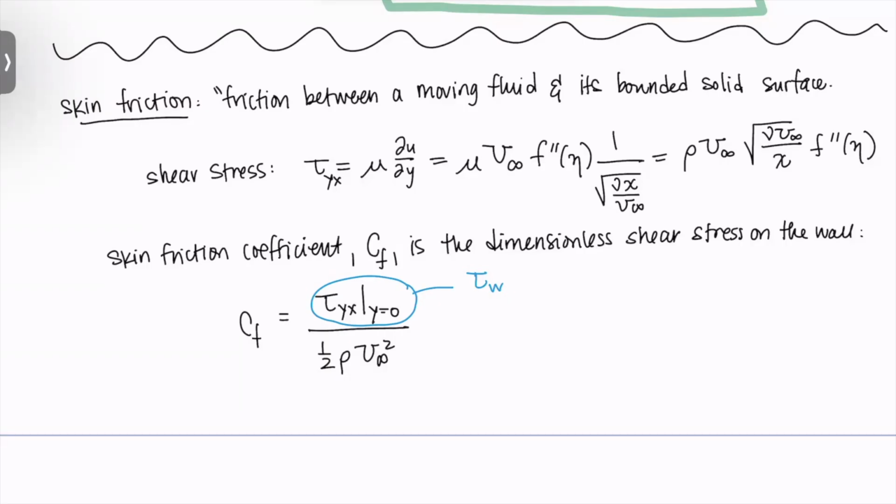Okay? Okay, so considering that we want y equals 0, that means that eta is equal to 0. So we have rho times u infinity square root of nu u infinity over x times f double prime evaluated at eta equals 0 over 1/2 rho u infinity squared.